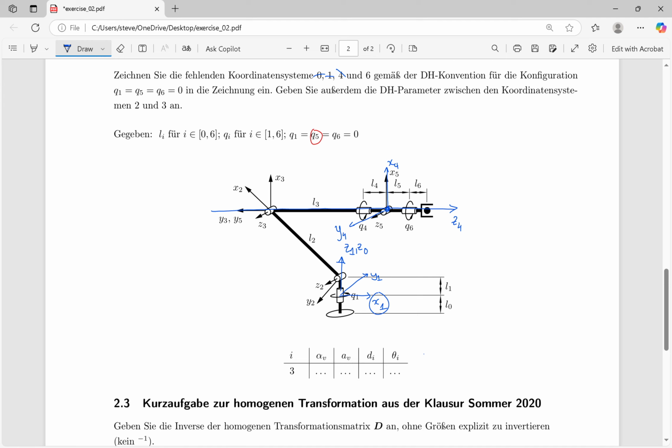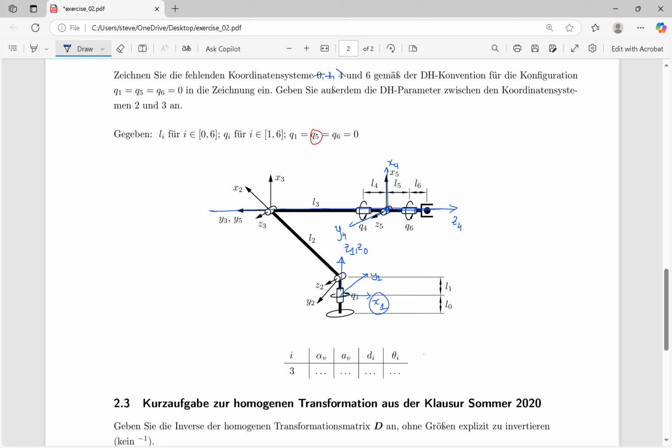6, well, there is a similar solution. Since Z6 is obviously in the same direction as Z4, which is along this blue line. We also have to consider, this is a special case again, where the axis Z6 and the axis Z5 actually cut. So we are free to choose wherever X6 is.